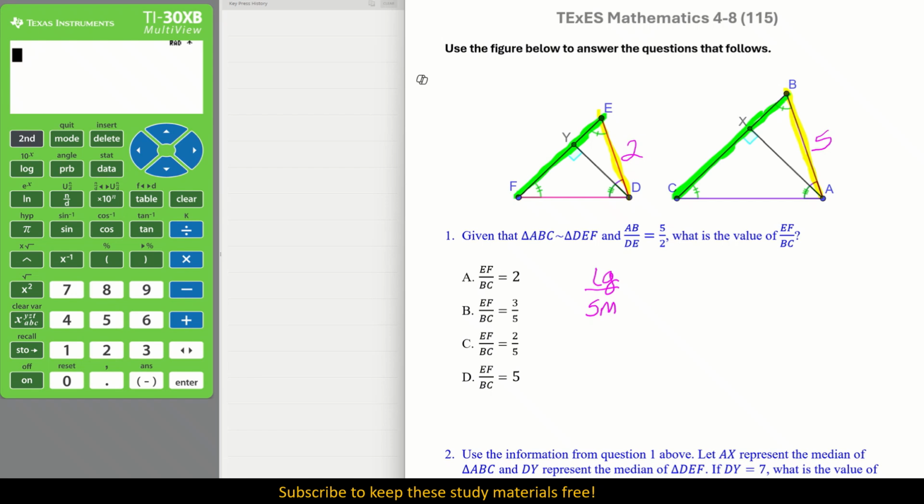However, you can go from the small to the large and the large to the small, and that's when we talk about scale factor, correct? So this means for the question itself, we have small to large, and that means we have 2 to 5 as our new ratio. Okay?